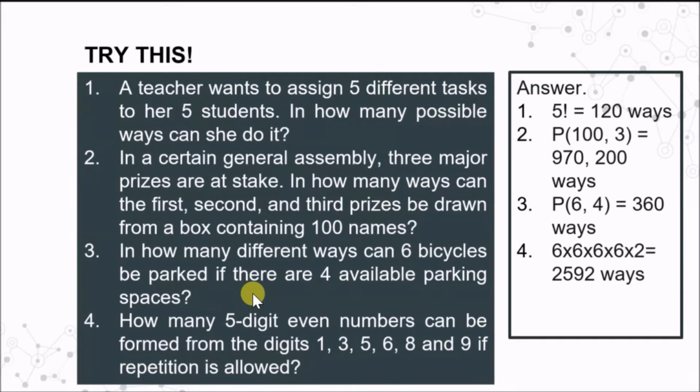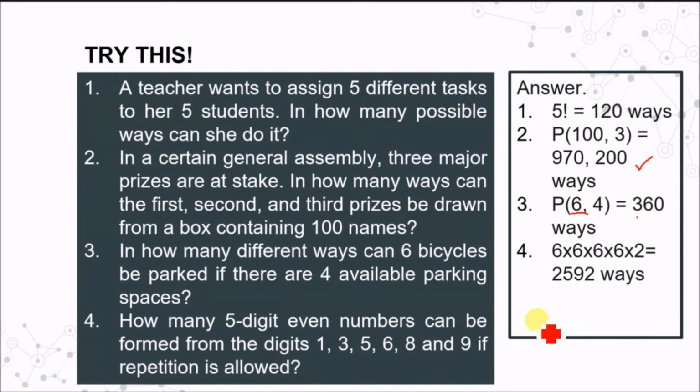So that is the permutation of 100 objects taken 3 at a time, or 970,200. For the third one, how many different ways can 6 bicycles be parked if there are 4 available parking spaces? From 6 bicycles, we only have to place 4 of them in the available parking spaces. So 6 bicycles taken 4 at a time is equal to 360 ways.